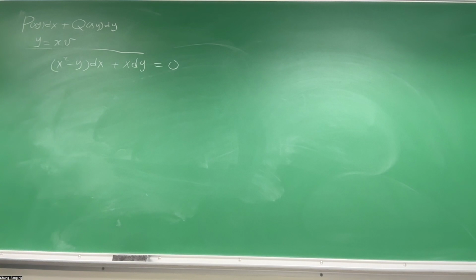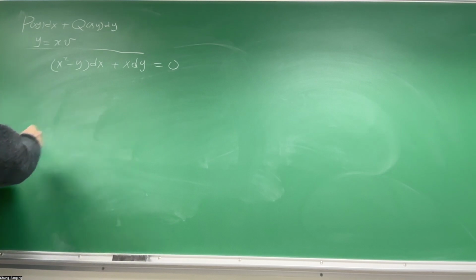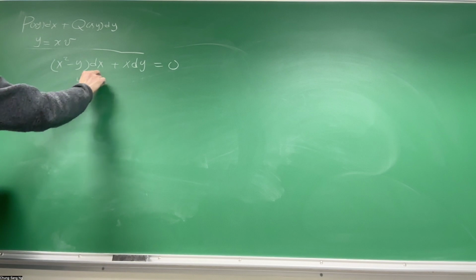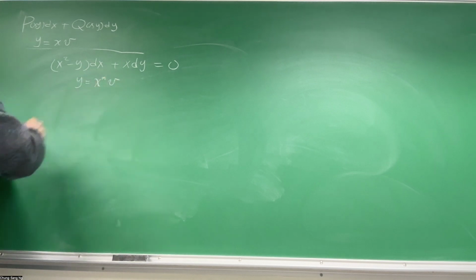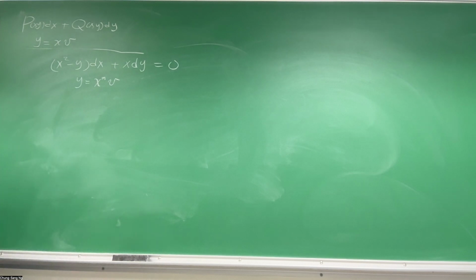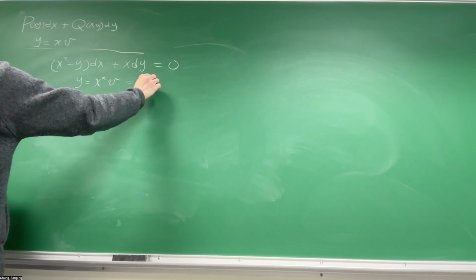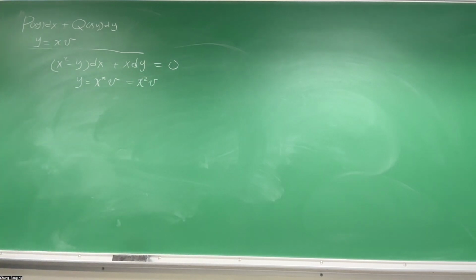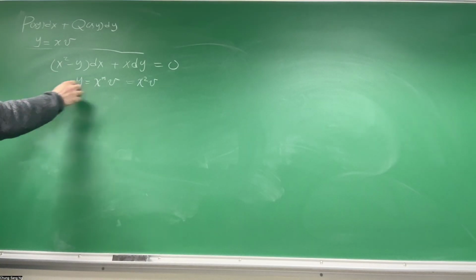So this is isobaric. Then the transformation is y equals x to the power m times v. Right? So that is what we choose. So that becomes x squared v. Do this transformation. And now you do the same thing.